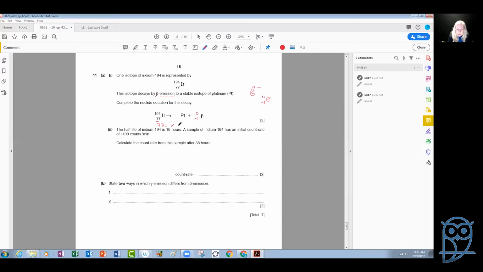And this is minus 1. So X minus 1 should give us 77. So what can be the X here? It is 77 plus 1, which is 78. So this should be 78. I forgot to bring my periodic table. Anyway, if we look in the periodic table, we'll see that platinum has atomic number 78 in any case.